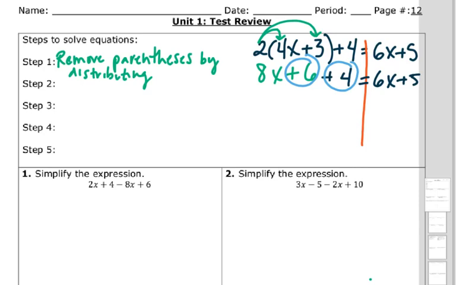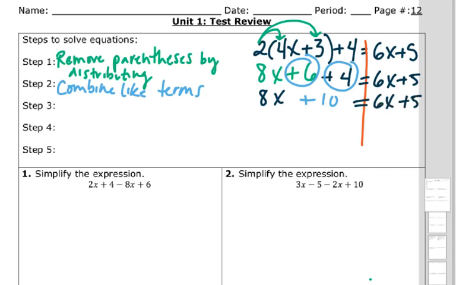So we can combine like terms as long as they're on the same side of that equal sign. So in this example, our 8x is going to come down. A positive 6 and a positive 4 is a positive 10. Then we bring everything else down.